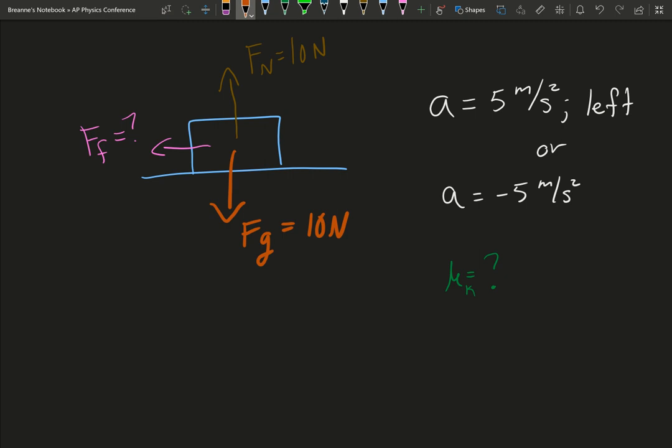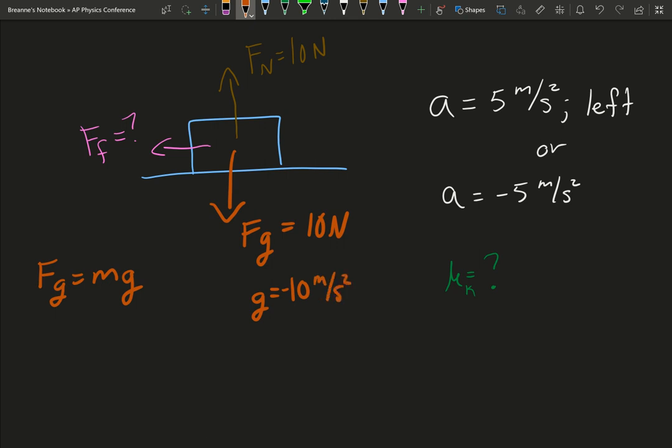The first thing I would do is try to find your mass, because we need your mass. So we know gravity has its special little equation: force of gravity equals mass times the acceleration due to gravity, which in the problem I told you we're going to round to -10 meters per second squared.